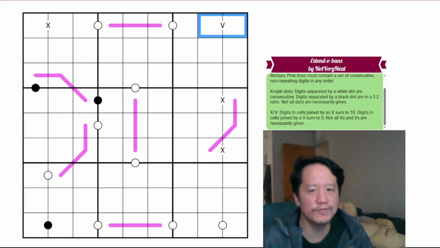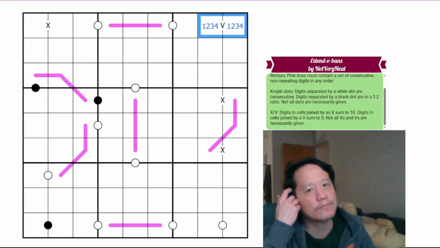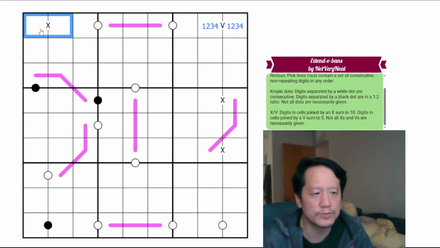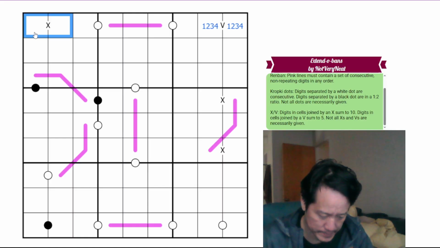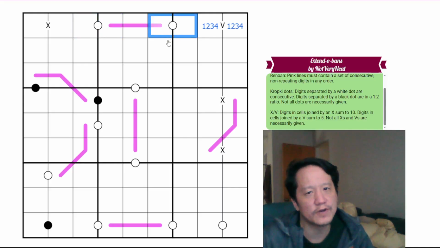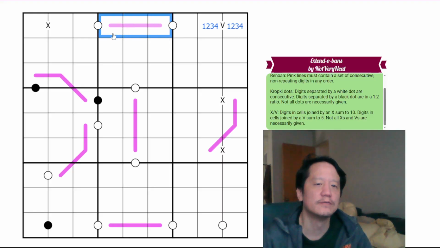This is 1 through 4 here. This has to be 1, 2, 3, 4 with 6, 7, 8, or 9. These digits are consecutive. These digits are consecutive. I guess that's the extendo bands because this is a Renban, right?